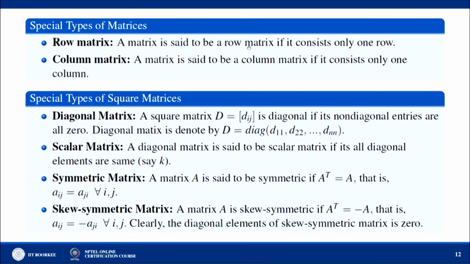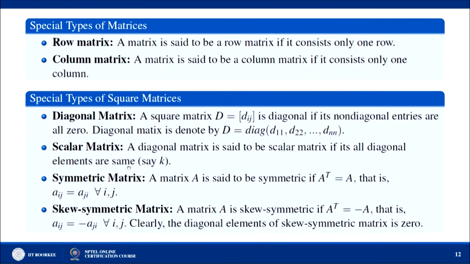So, these are some special types of matrices. A row matrix: a matrix is said to be a row matrix if it consists of only one row. Column matrix: a matrix is said to be a column matrix if it consists of only one column. Diagonal matrix: a square matrix is said to be diagonal if its non-diagonal entries are all 0.